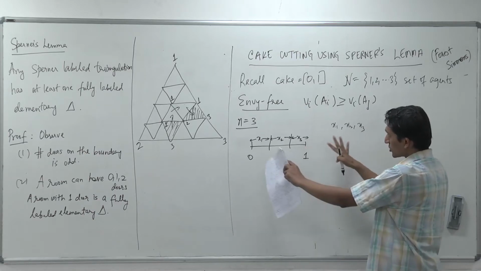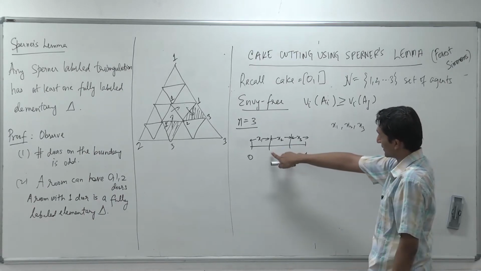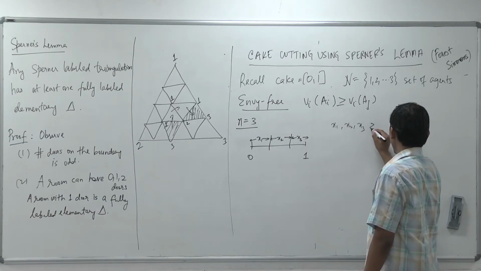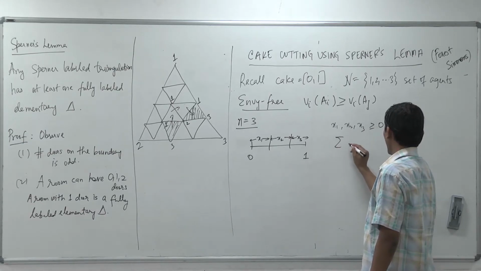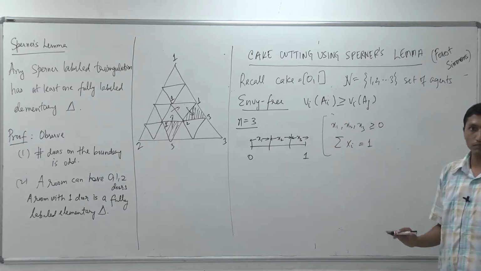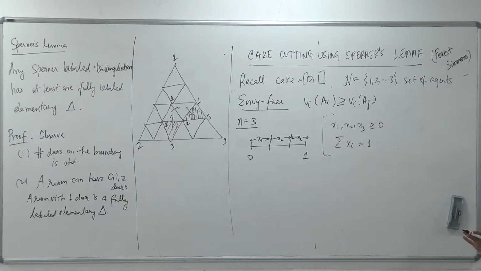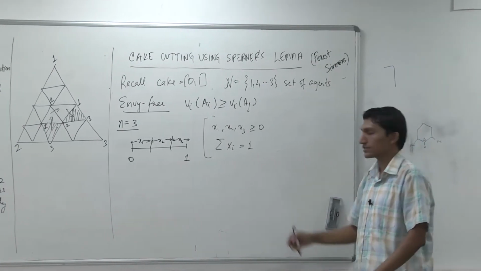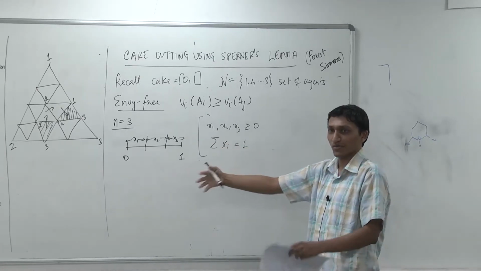So if I have to draw the space of all the connected cuts among 3 players, it's captured by this. Right? 3 non-negative variables that sum up to 1. So let's try to draw this. And that's why I'm working with 3 players, because I want to draw things.